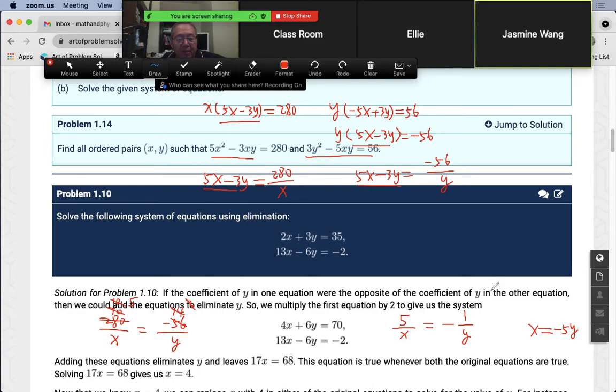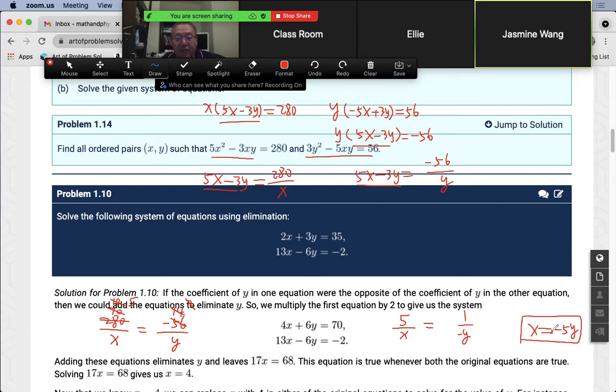Because this one times this, you can move this negative to the denominator, okay? x times 1, you get an x. Then 5 times negative y, you get x equals negative 5y. This is very important, okay?